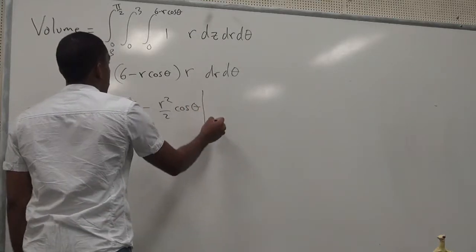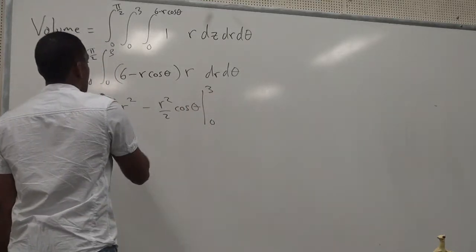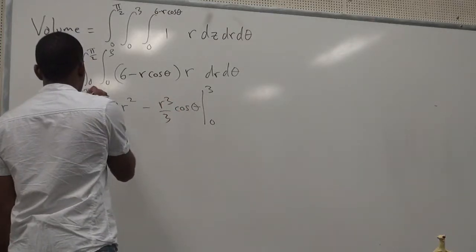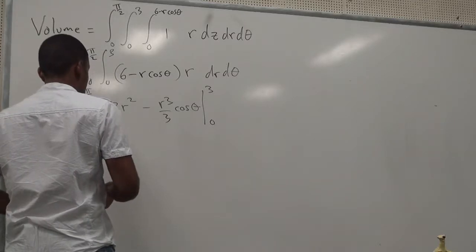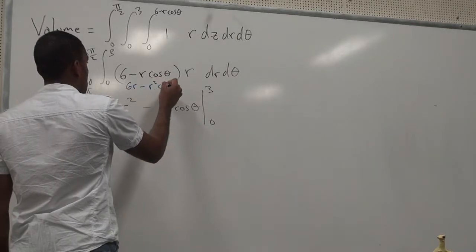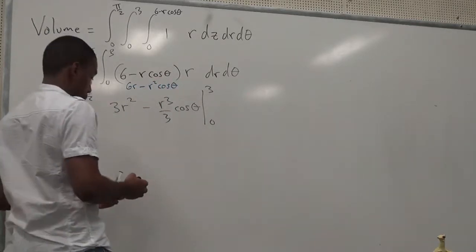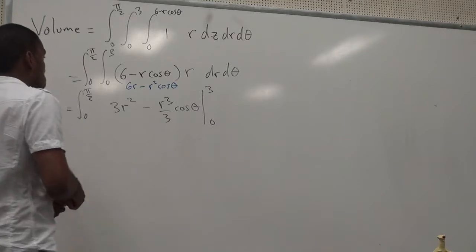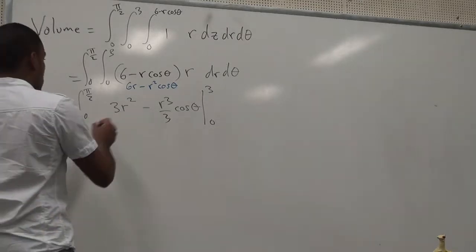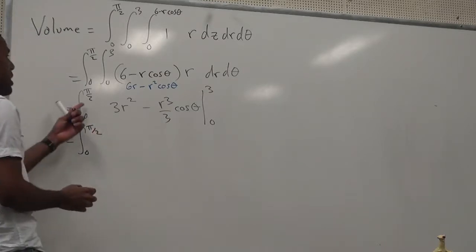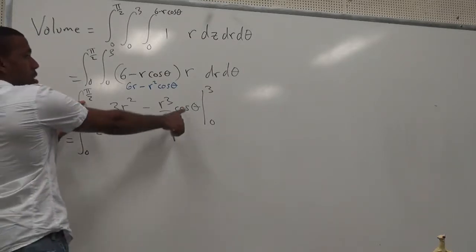How did you get r squared? It's r cubed over 3, because this is 6r minus r squared cosine. I thought when you said r cubed over 3, it said r squared over 3. Sorry. So now we plug in the 3. Notice that I can't just put a pi over 2 here, because there's a theta in the function.